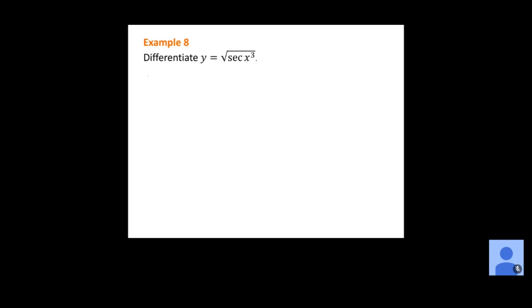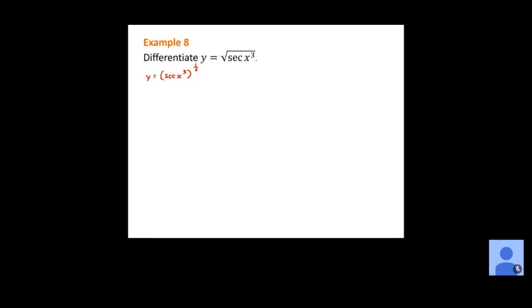Okay, good. So let's change this and just rewrite the function as secant x cubed all raised to the 1/2 power. So anytime you see a radical, that's going to be your best bet, right? Because then we can just use power rule to find that derivative.